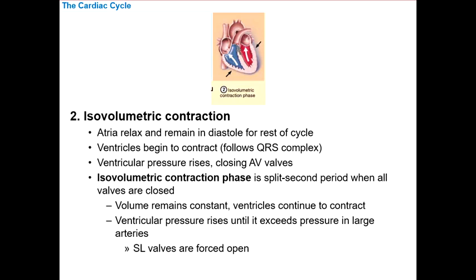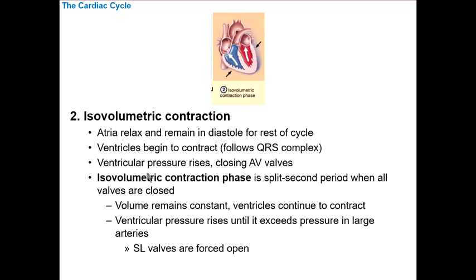Remember, the semilunar valves are closed, the pulmonary valve, and you can barely see the aortic valve. So as soon as those AV valves close because of the contraction, now all 4 valves are closed. That means the volume inside these ventricles is not going to change, because there's no way in, there's no way out.